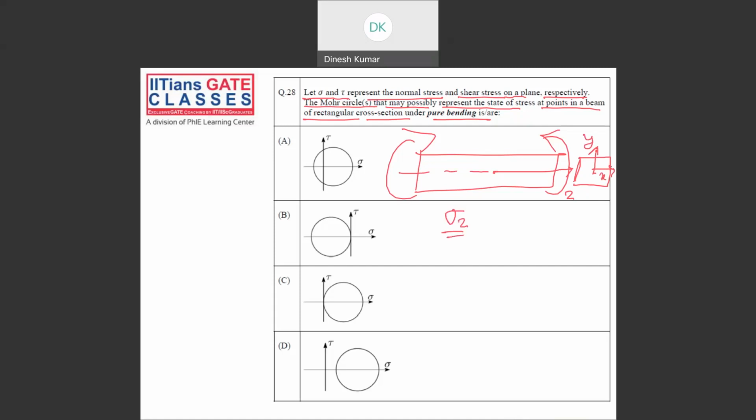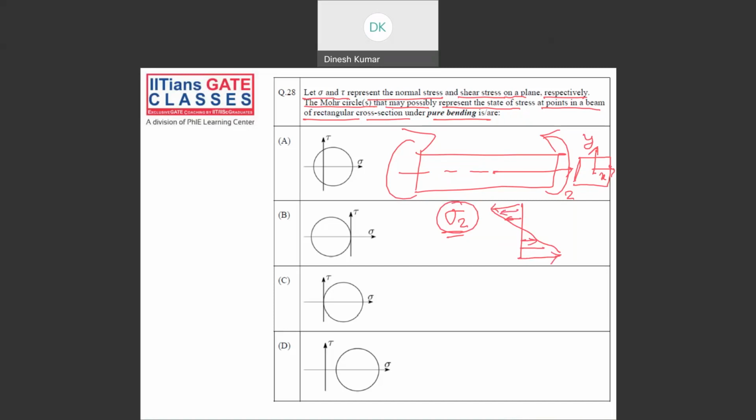If you see the variation of sigma z along the depth, it will be compressive on top and tensile on bottom. So at any point on the cross section, you have either a tensile normal stress or a compressive normal stress sigma z alone. There is no other stress.